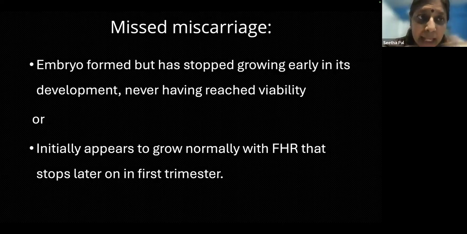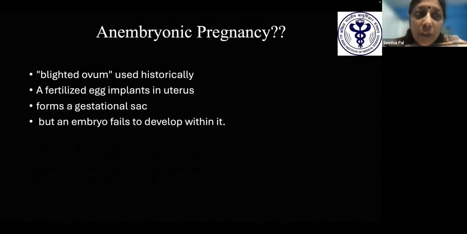Or if there is a sac where there is no embryo in it, then we can call it an anembryonic pregnancy. Or if there is a fetus and there's been no heartbeat, then obviously you can call it an early fetal demise. But everything depends on the time when you scan the patient. And as you rightly put it, abortion is something that the patient wants to do voluntarily, so we shouldn't be using these terms.